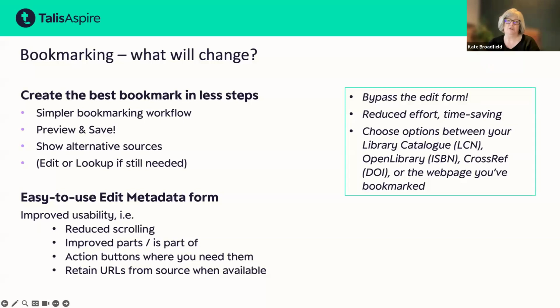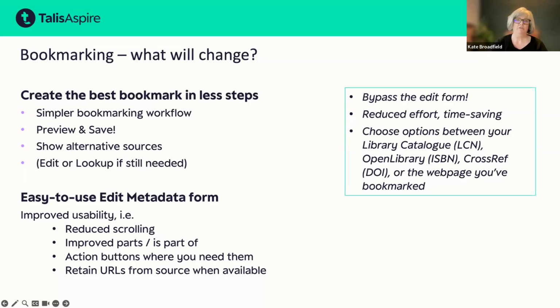So our two charges are, how do we create the best bookmark in the least number of steps? So simplify that process for the academic, and also get the best bookmark, because we've had various issues with how the linking works, not working the way an individual library or institution needs it to work. So we're going to separate that functionality out and actually provide separate bookmark options for you.